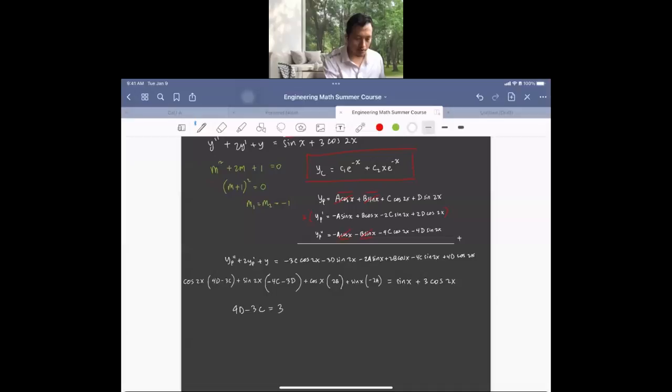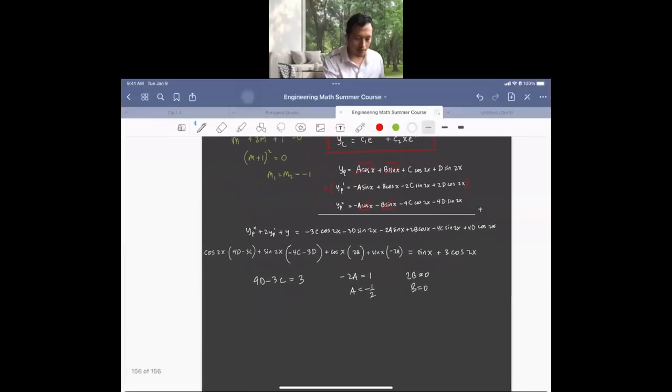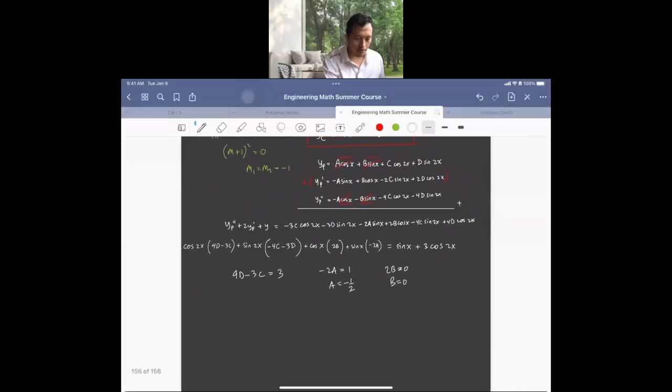So 4d minus 3c is equal to 3. And then negative 2a is equal to 1, so a is negative 1 over 2. And 2b is 0, so b is 0.